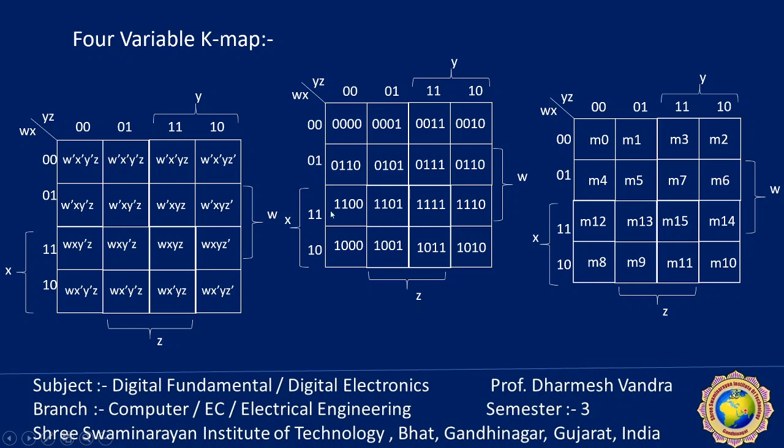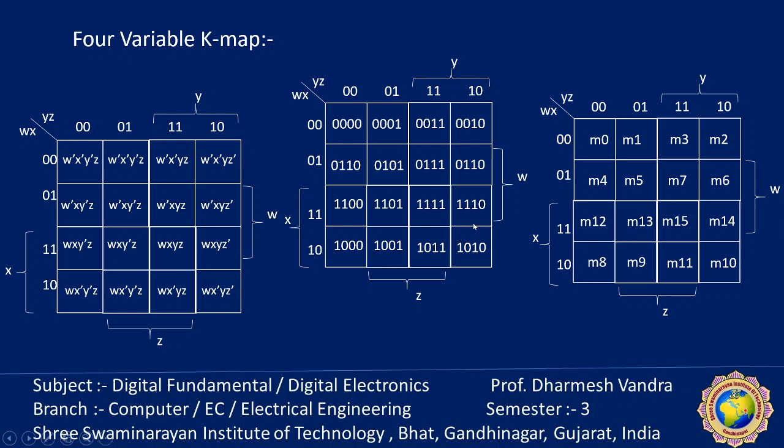So this cell is represented by 1, 1, 0, 1. It is a concatenation of the row number with the column number. When concatenated, it gives the binary number 1, 1, 0, 1, which is equivalent to decimal 13. So the minterm for the square in the third row and second column is M13.